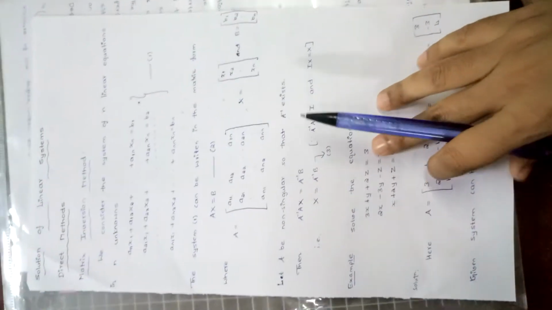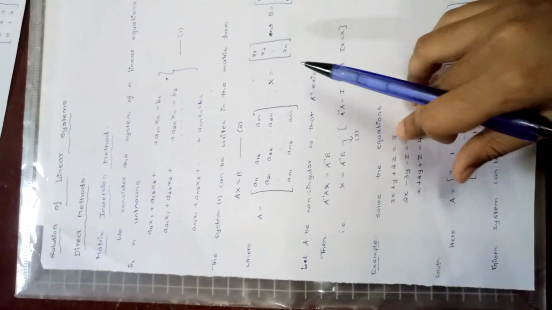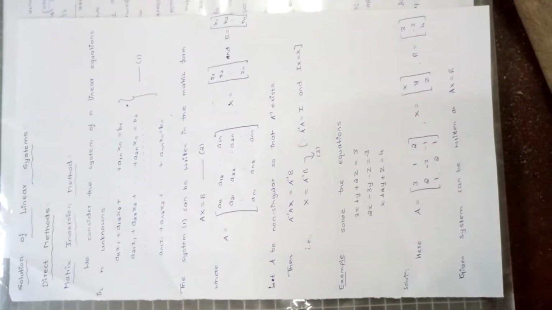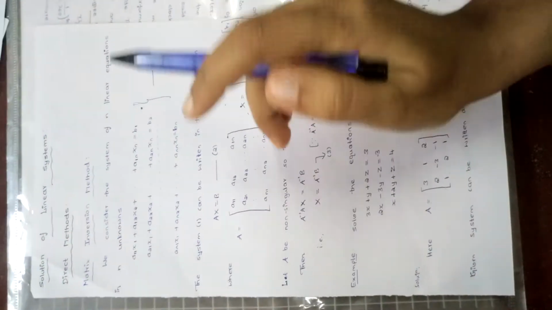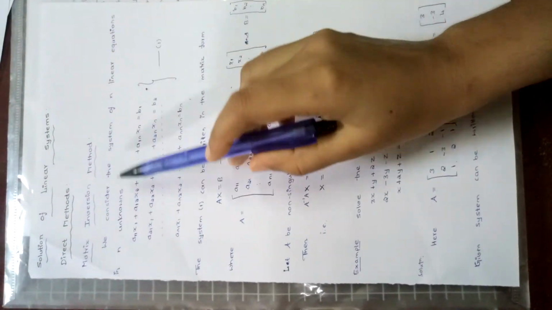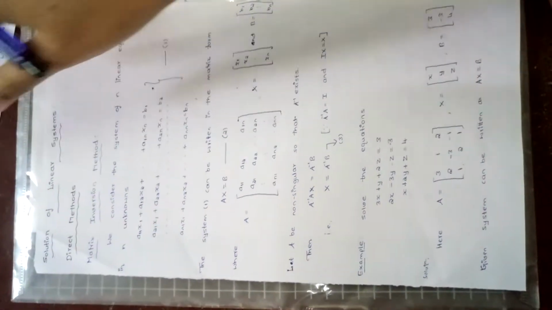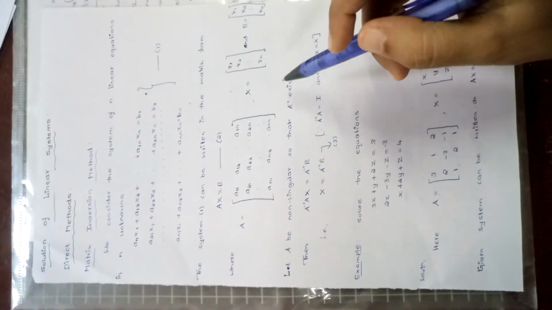Now, solution of linear systems. Here we have two types of methods, direct methods and iterative methods. In direct methods, the first one is the matrix inversion method. Consider a system of n linear equations in n unknowns, which we already considered in consistency of systems.